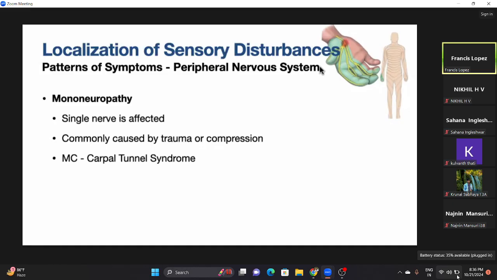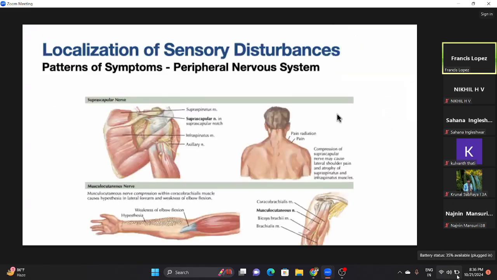So this one is a patient with carpal tunnel syndrome. Aside from carpal tunnel syndrome, which is a mononeuropathy of the median nerve, other mononeuropathies could involve the suprascapular nerve, wherein the patient can feel pain radiation on the shoulder, and compression may also cause atrophy of the supraspinatus and the infraspinatus muscle.